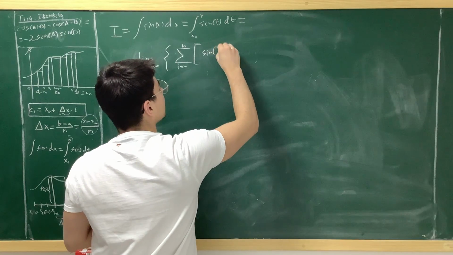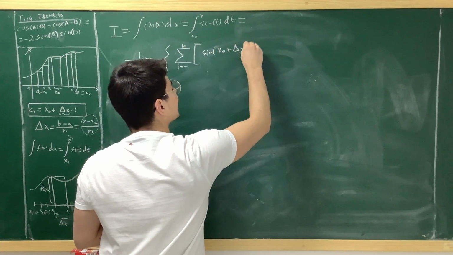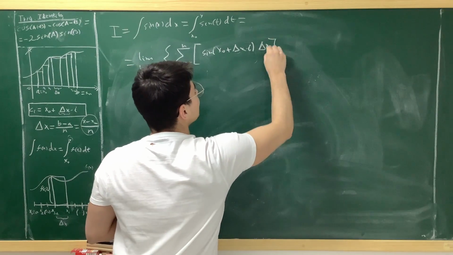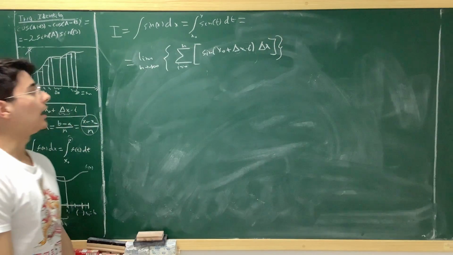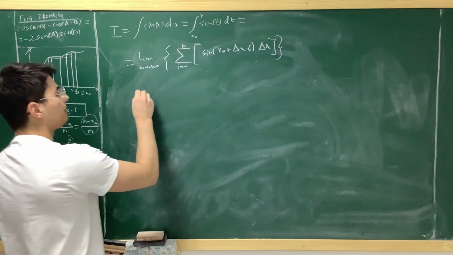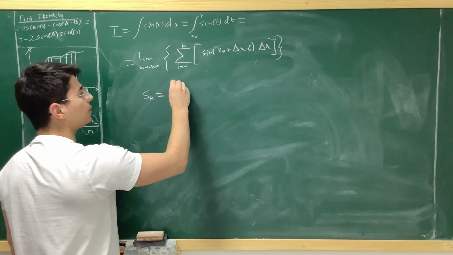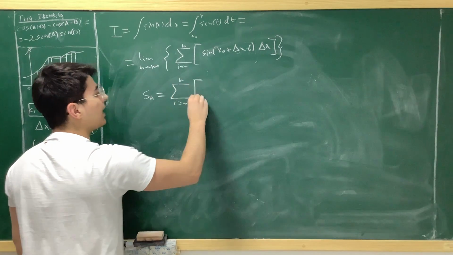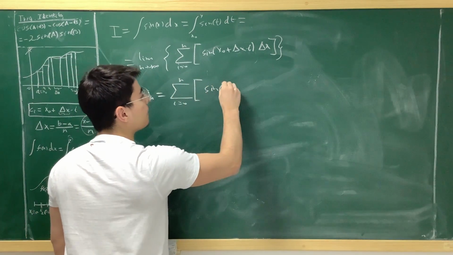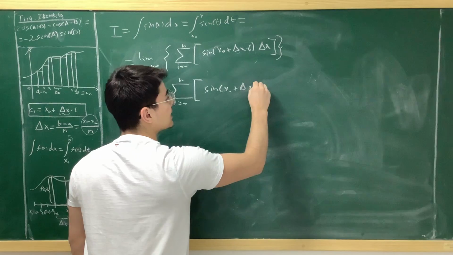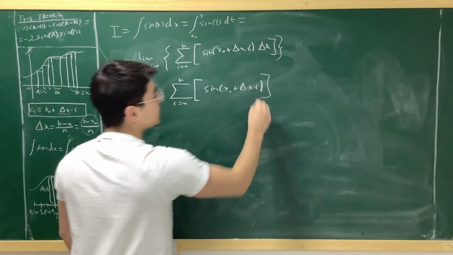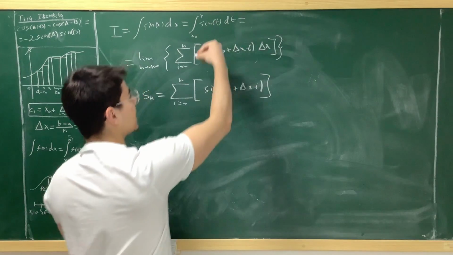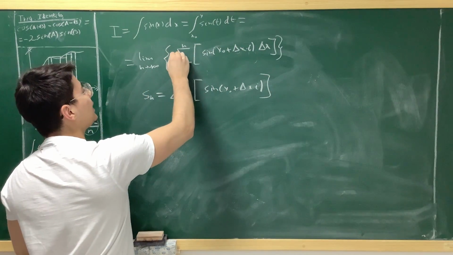And we will call Sn equal to this sum, i equals 0 up to n, of the sine of x0 plus delta x times i. And notice that I have not included delta x here because we can take it out of the sum. We can put it here.